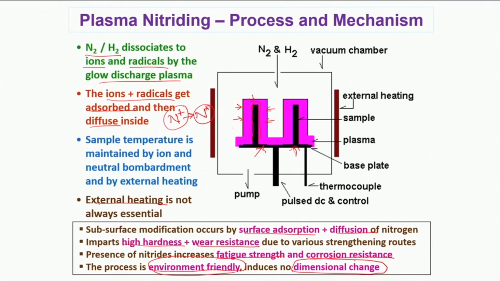So the dimensional change is minimal, even if it undergoes some amount of expansion due to exposure to 550 or so. When we bring it to room temperature without any quenching, it doesn't suffer any major dimensional change. So there is no question of any distortion or warping or cracking.